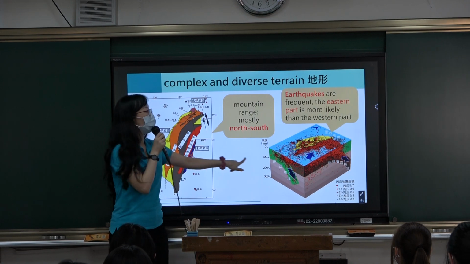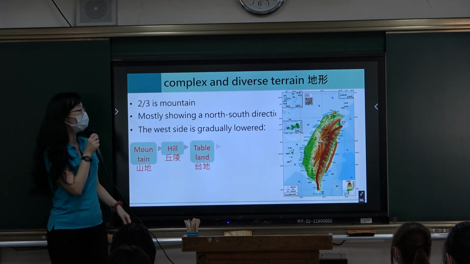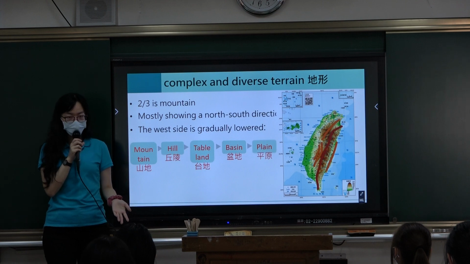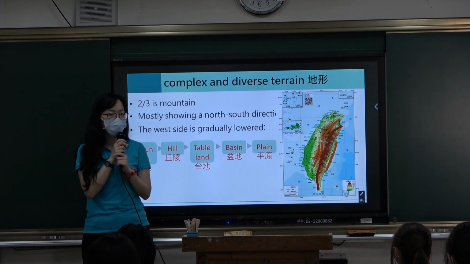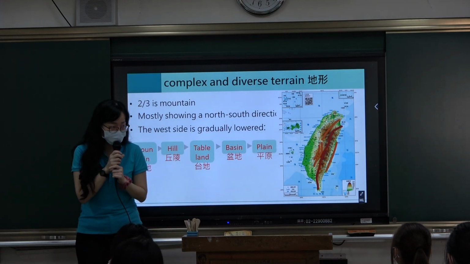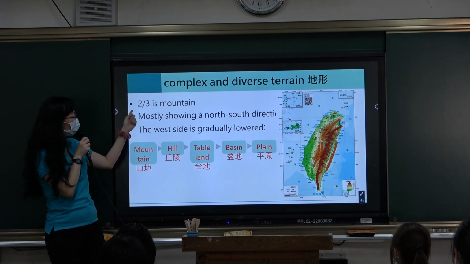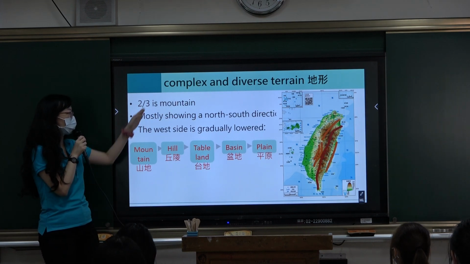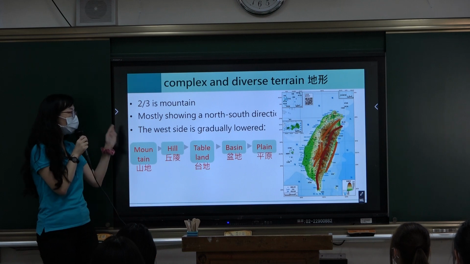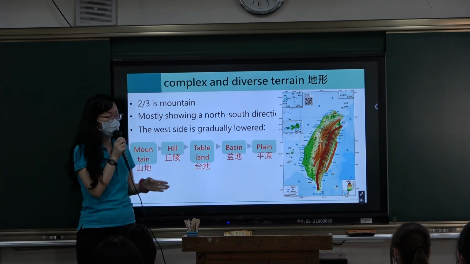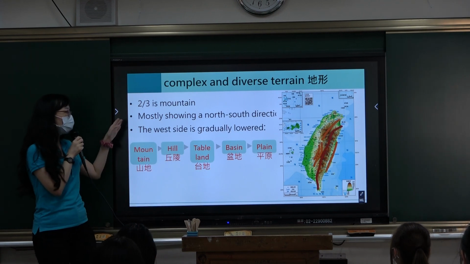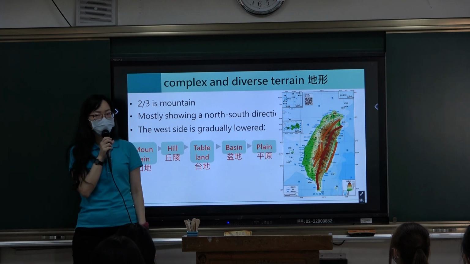North, south. And then we move on. So the most part of Taiwan is which kind of terrain? Is mountain. Yeah, it's mountain. So 2/3 of Taiwan is mountain, and mostly showing a north-south direction of the mountain range. And the western side is gradually lower.